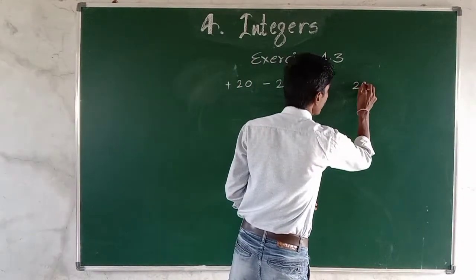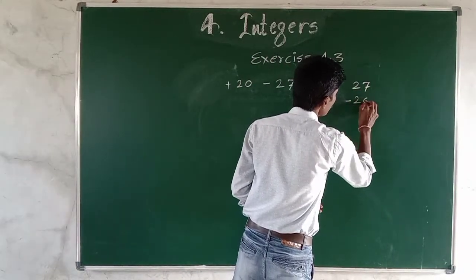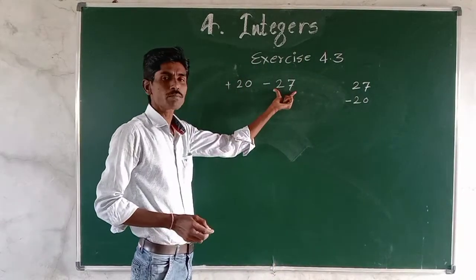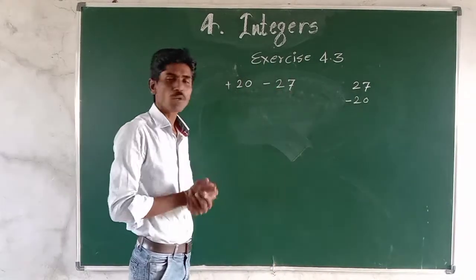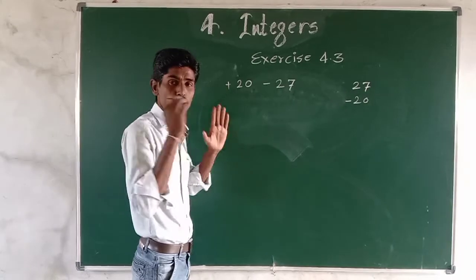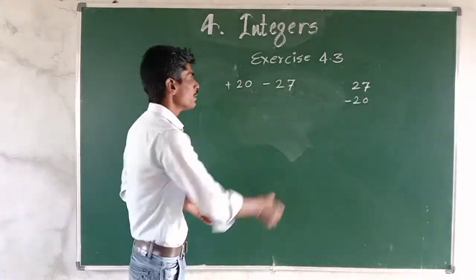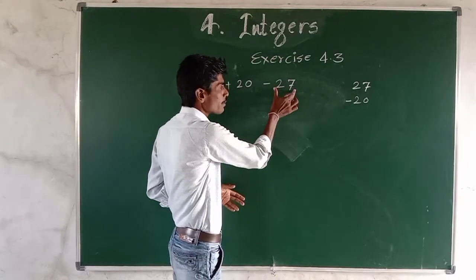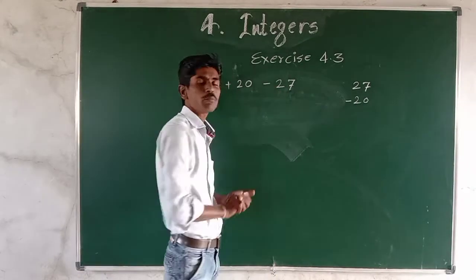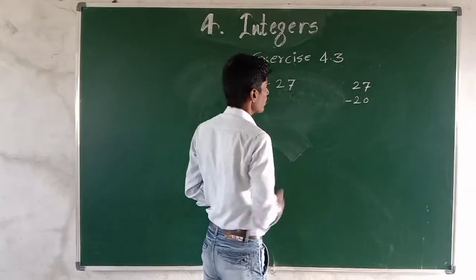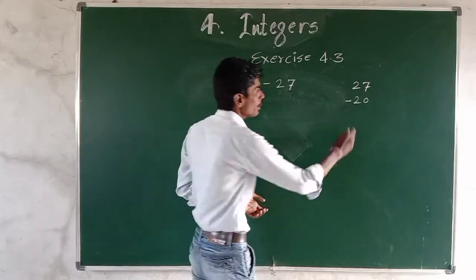So 27 minus 20, because 27 is the bigger number and 20 is the smaller number. The question was 20 minus 27, but the procedure is that you subtract the small number from the bigger number.